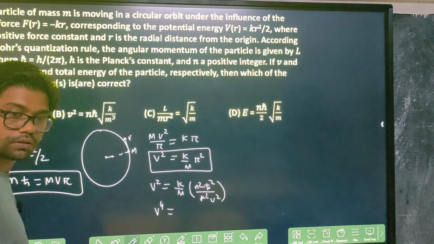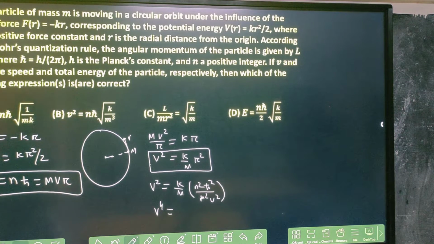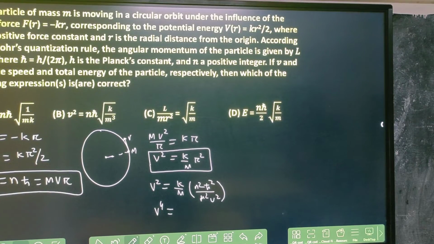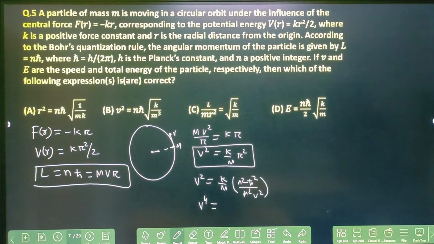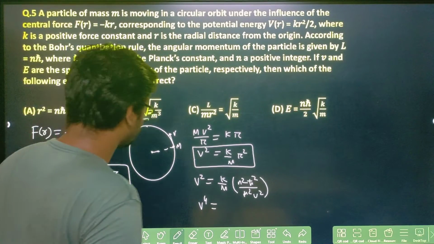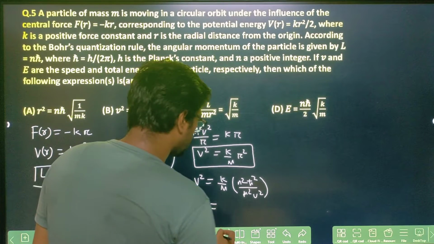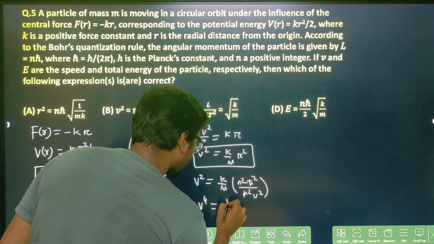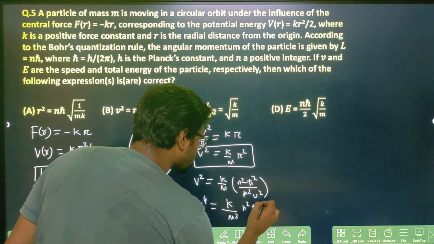Sorry, this should be v to the power 4, and this will be k divided by m n square h cut square, right?